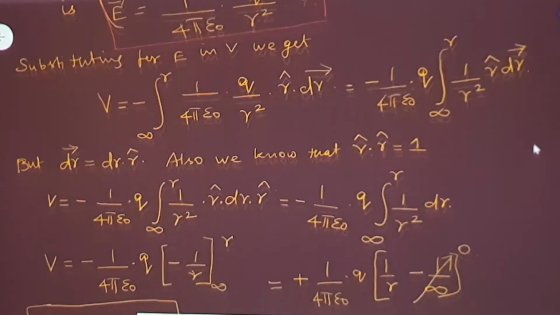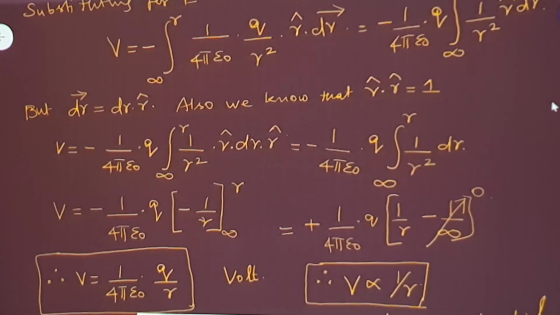Now you see, I can write this dr vector as dr, that is the magnitude of the distance is dr, into r cap. Also we can say r cap dot r cap is equal to 1. Considering this, I am replacing the above equation as V is equal to minus 1 by 4 pi epsilon 0 into q, integral from infinity to r of 1 by r square.